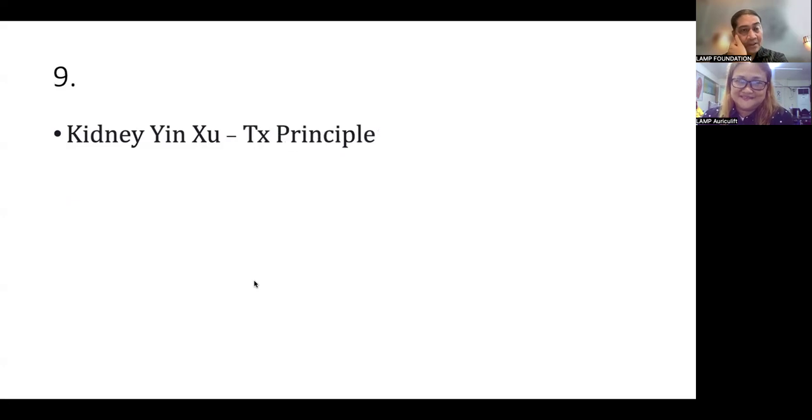Okay. Treatment principle for kidney yin deficiency. Very easy. Sa kidney. Anong treatment? To tonify the kidney, nourishing.